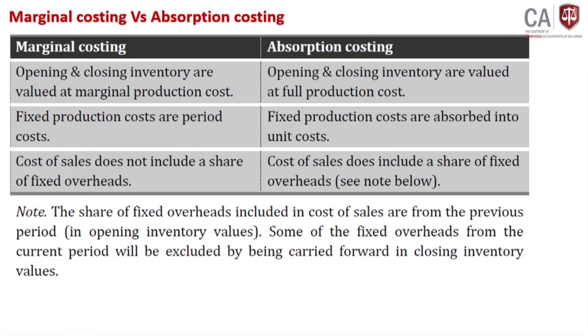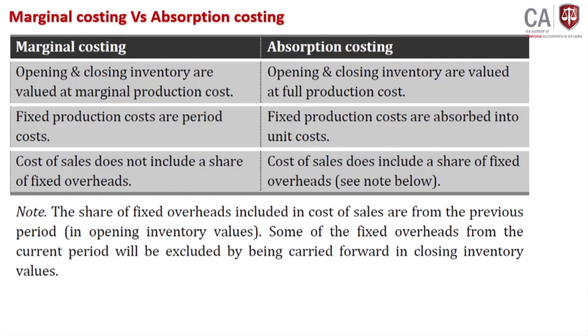Second, this can be tested in your exam as MCQ questions. What is the difference between marginal costing and absorption costing? The examiner can give you 4 answers and you have to select the correct one. Look at this slide. This has clearly explained the difference. In marginal costing, opening and closing inventories are valued at marginal production cost, which means variable cost.